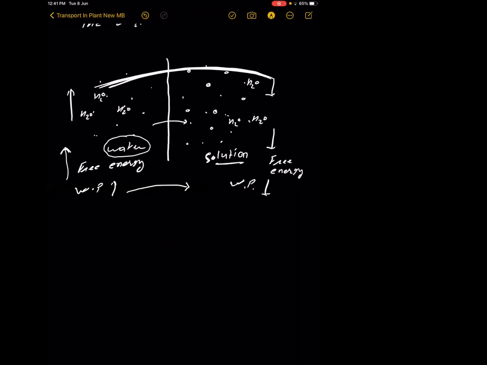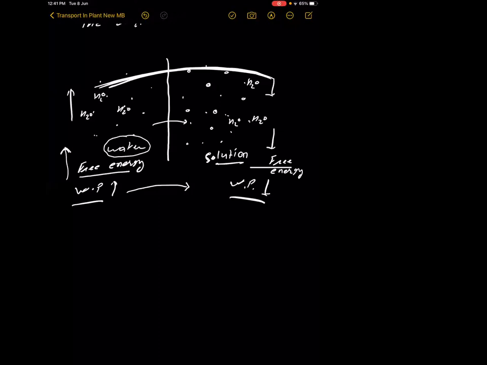Water potential is higher in pure water, and water potential is low in solution. So you can say water moves from high free energy region, high water potential, to low water potential. This is also the same diffusion-like phenomenon.